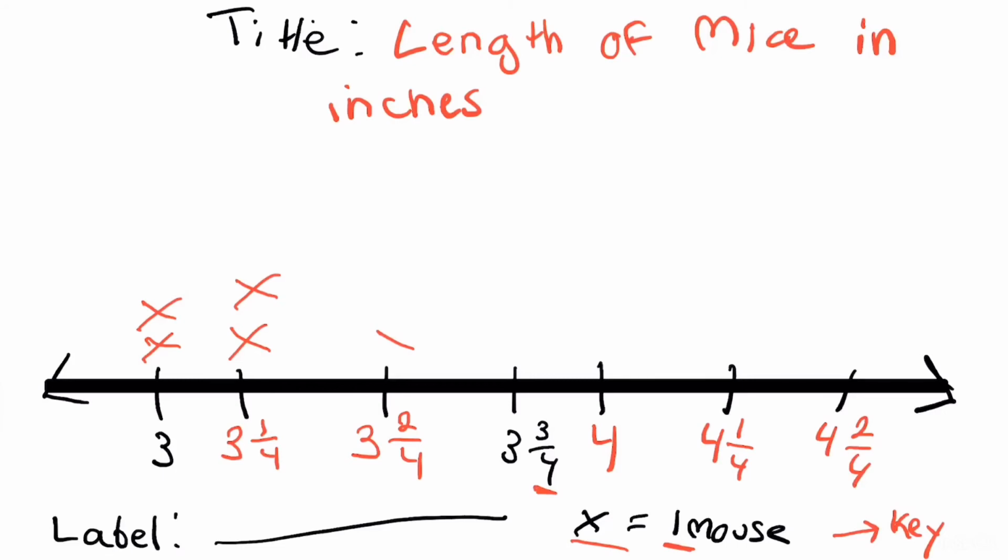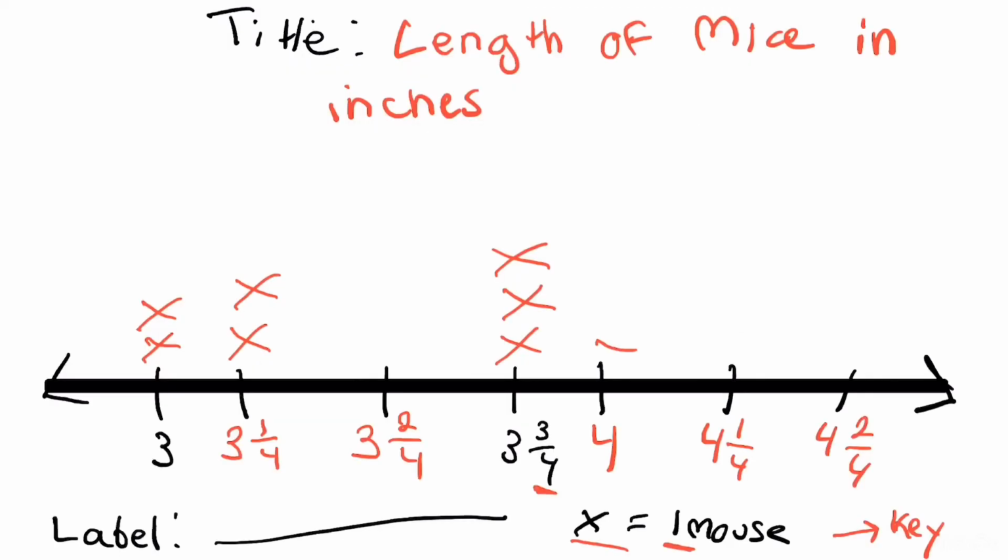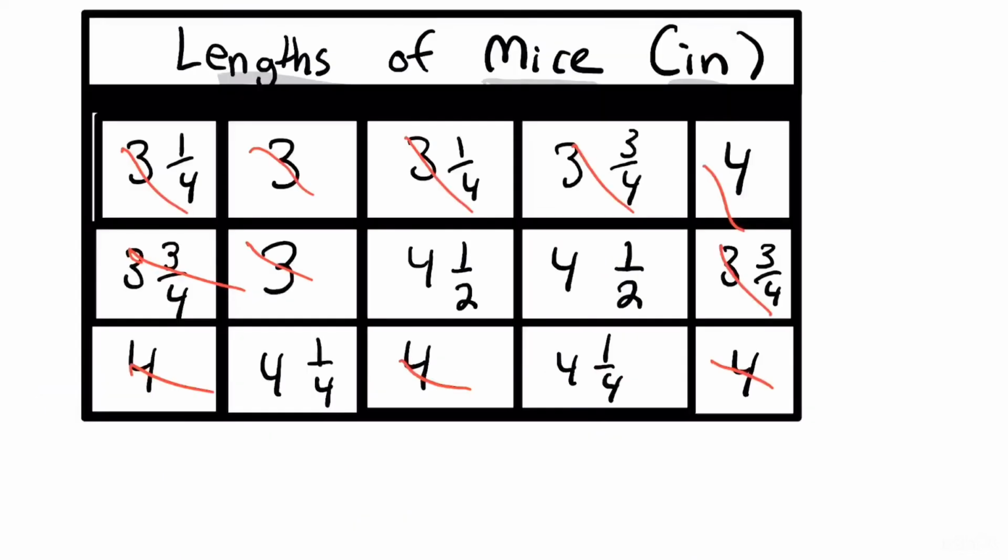I made a mistake. Good thing I can erase it. 1, 2, 3. Okay, let's see if there are any 4s. Okay, 1, 2, 3, 4 4s. Let's go back. How many 4 and 1/4? 1, 2.